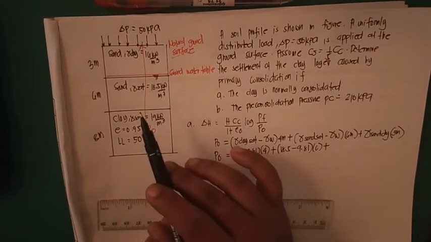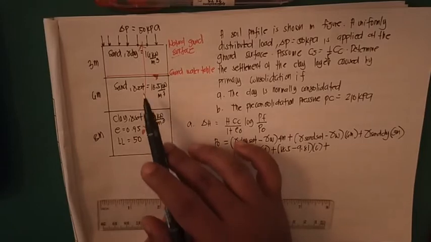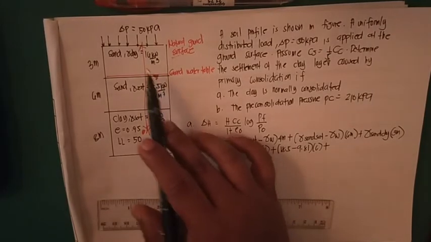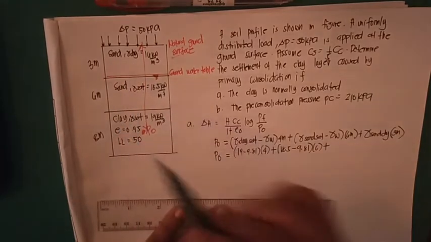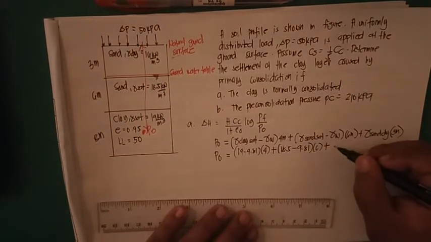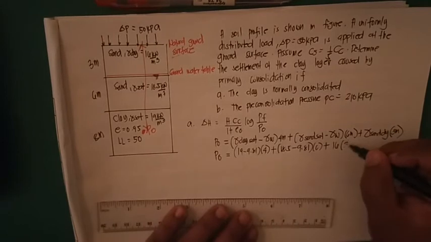And when we talk about the effective, do not include the pressure of the water. But here, the sand is not exposed to water, so we will take it as it is, which is 16 times 3.